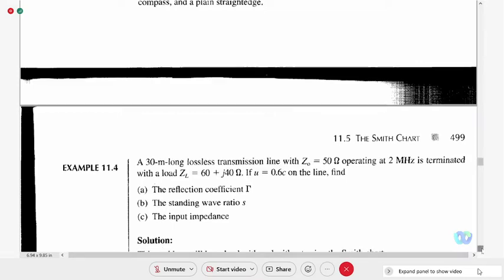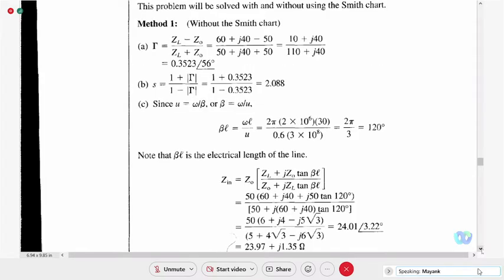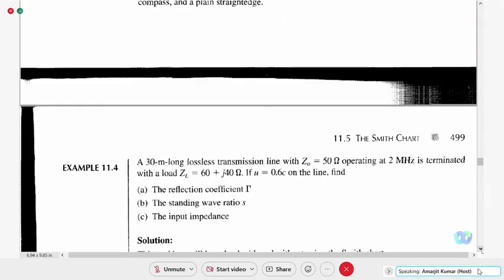The reflection coefficient is equal to 0.3523 magnitude, angle is 56 degree. So this is using the direct formula, without the Smith chart.